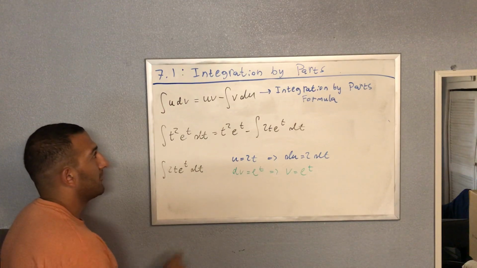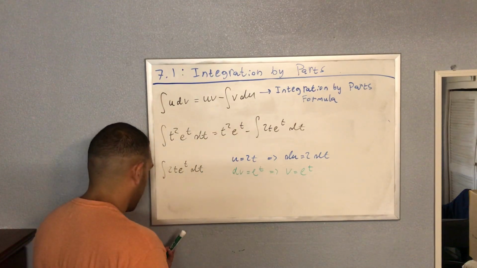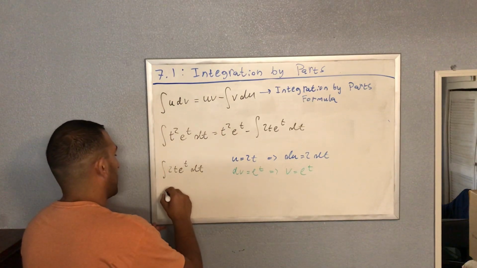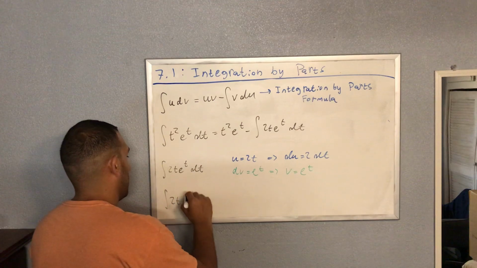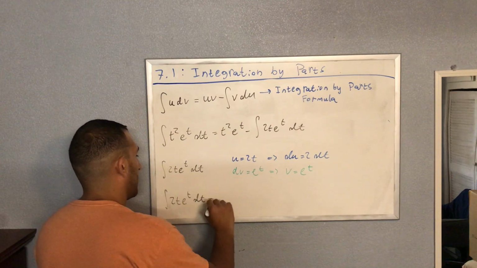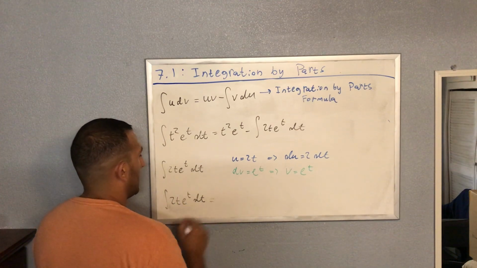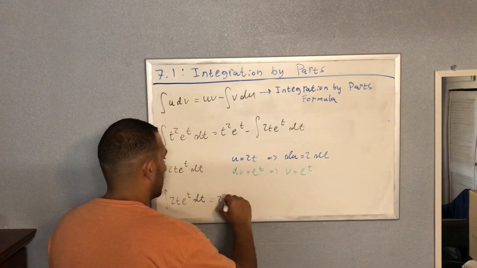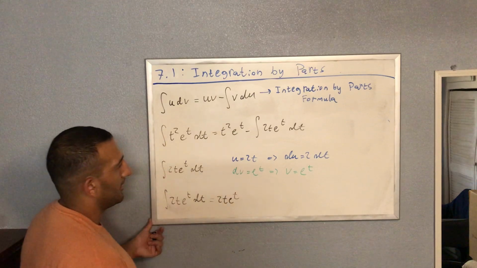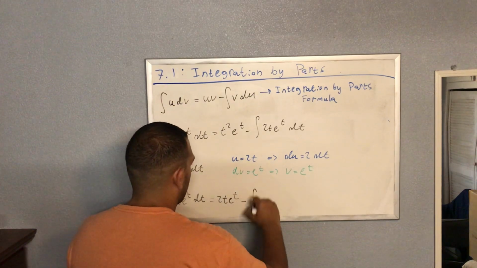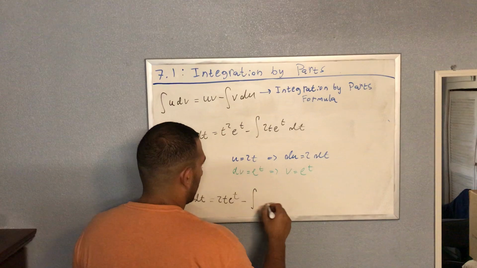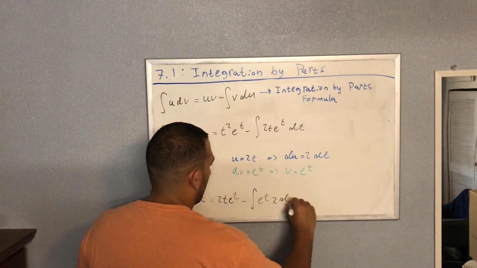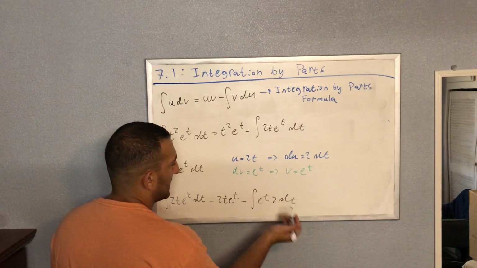Okay, so then following this thing here, we have the integral here is equal to, okay, u times v, so 2t e to the t minus the integral of v du, and this is e to the t times 2.